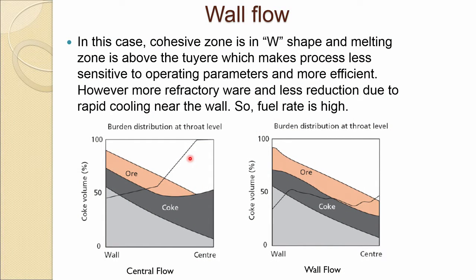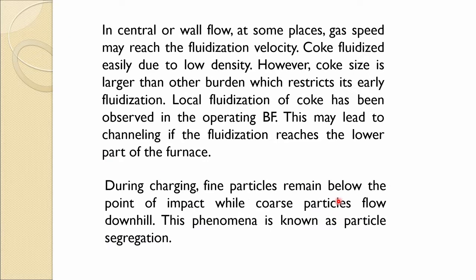So, preferential flow, but the furnace will run more smoothly here, and in this case you are not having that more coke at the center. So, gas will distribute, and go through this and through the wall also. So, it will have a better reduction, and gas utilization would be better in this. Now, how do you achieve this? We will come to that. Okay, in central or wall flow, at some places gas speed may reach the fluidization velocity.